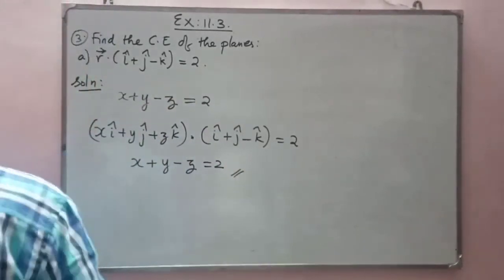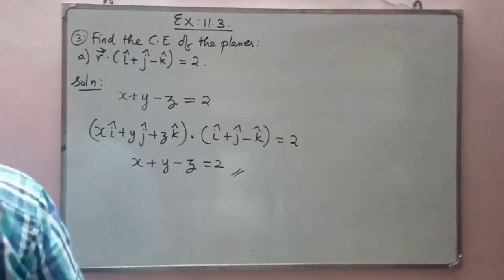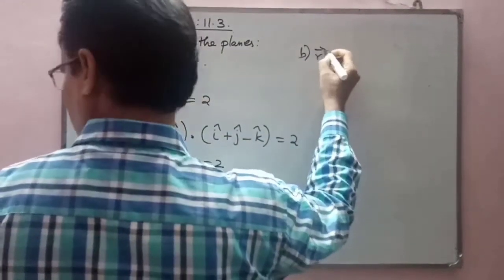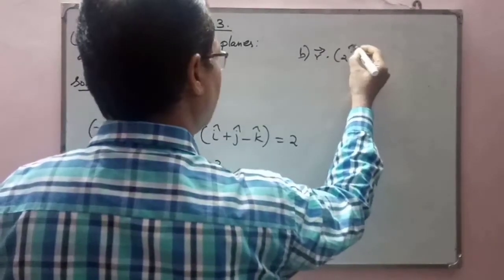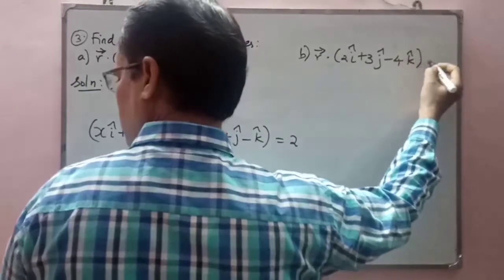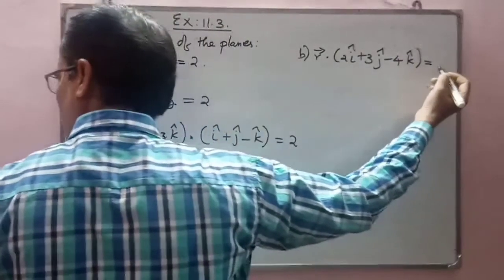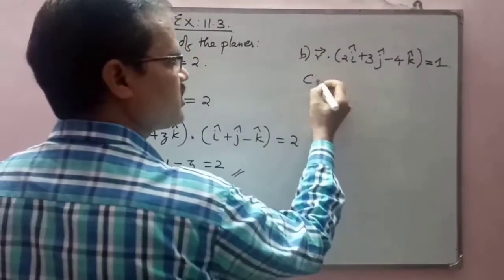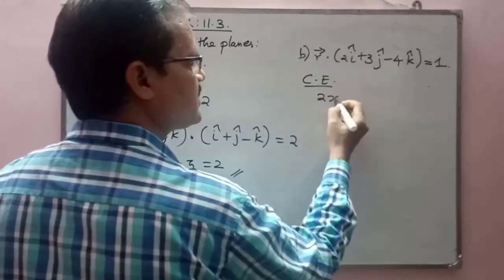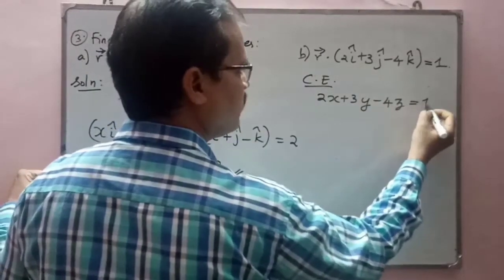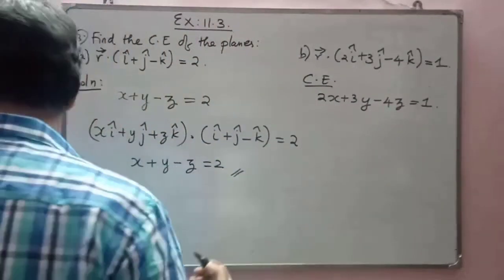Okay, children. Now the next question, B part: r vector dot 2i plus 3j minus 4k equals 1. Try this. The Cartesian equation is 2x plus 3y minus 4z equals 1. Yes, you are right. This is the Cartesian equation.